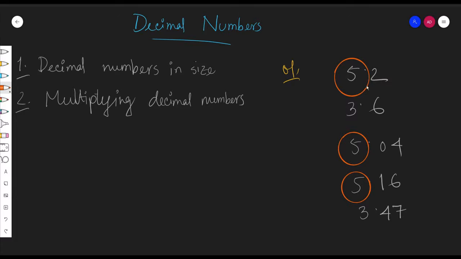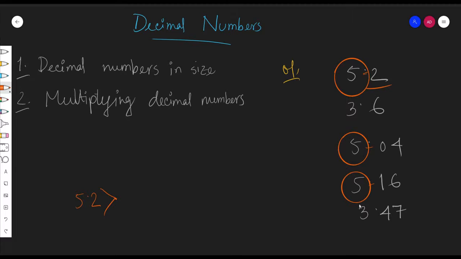Now, after the decimal point, what will be the highest value? 2, definitely. So 5.2 will be the first one.